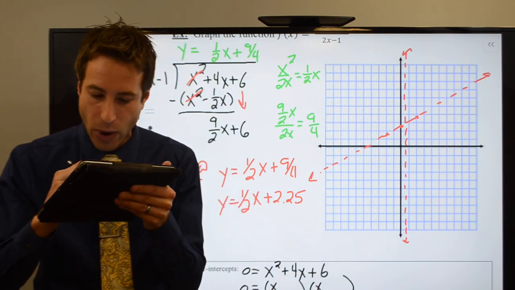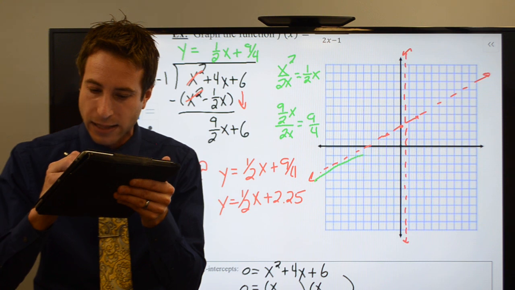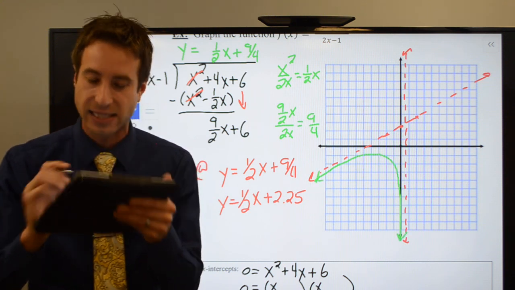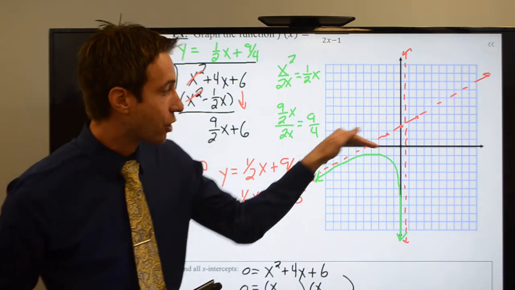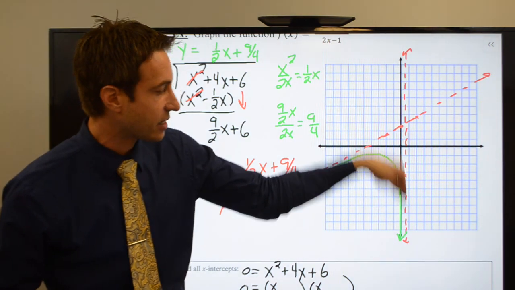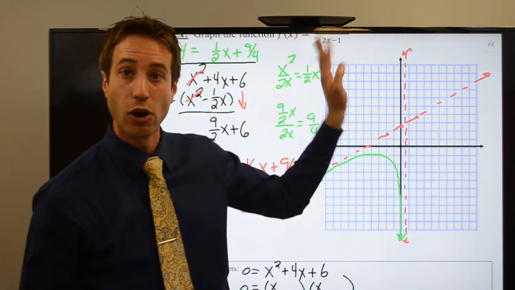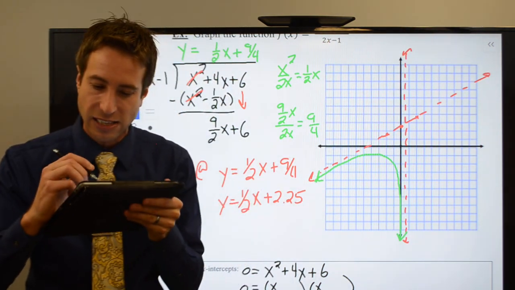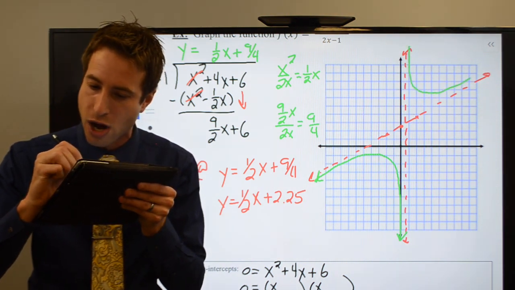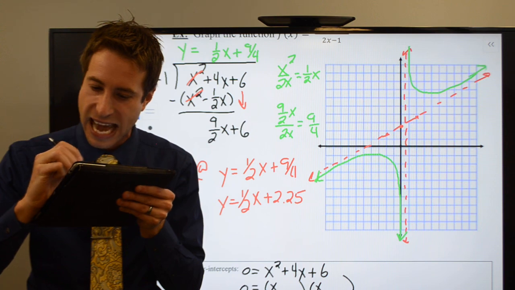It's the only way to approach those asymptotes without crossing the x-axis. Now, since the graph goes in that direction, it has to come from the opposite side. Since it's going to negative infinity, up here on the other side, it's got to come from positive infinity. And please notice, without touching asymptotes, I do not cross the x-axis.